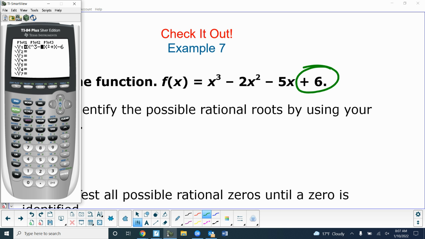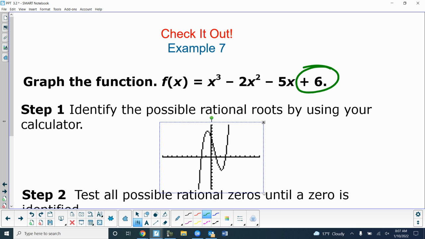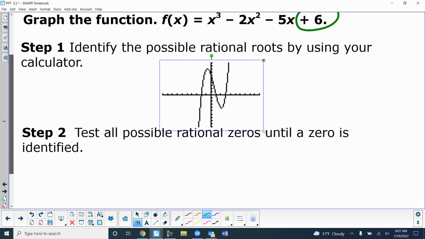It's minus 2x squared this time, minus 5x plus 6. So it's very similar to the one we just did.